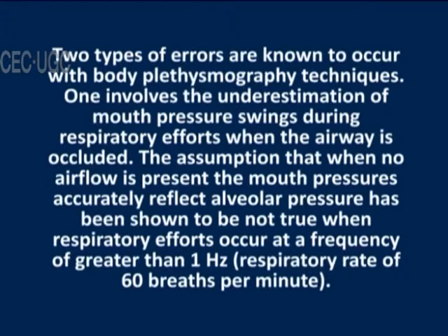Two types of errors are known to occur with body plethysmography techniques. One involves the underestimation of mouth pressure swings during respiratory efforts when the airway is occluded. The assumption that when no airflow is present, the mouth pressures accurately reflect alveolar pressure has been shown to be not true when respiratory efforts occur at a frequency of greater than 1 Hz, that is a respiratory rate of 60 breaths per minute.